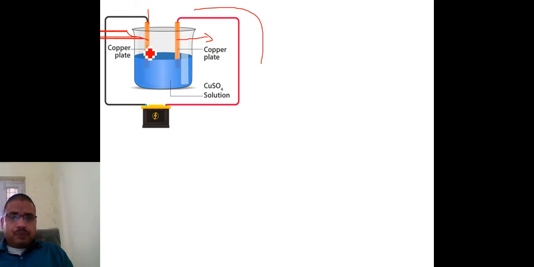And after some time, within 5 minutes, this reaction takes place. And we can see that the plate attached with the anode fades in color, whereas the cathode plate, which was made up of iron, gets the silver coating deposited.